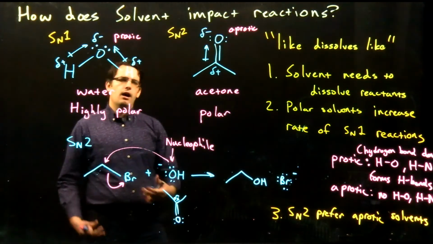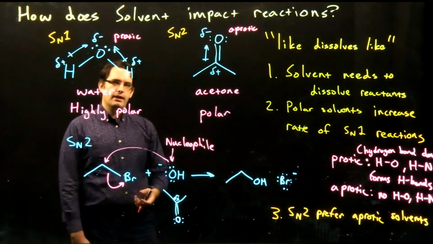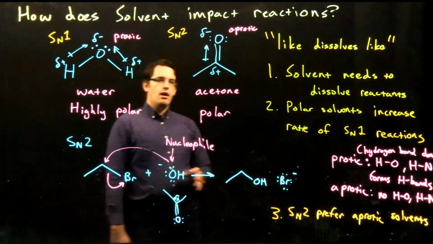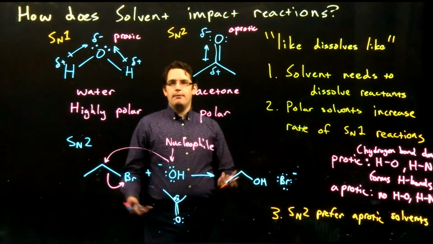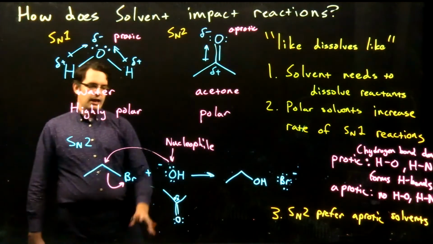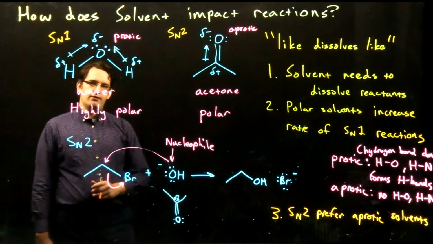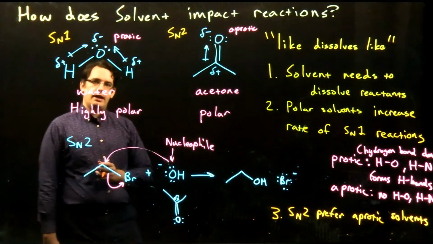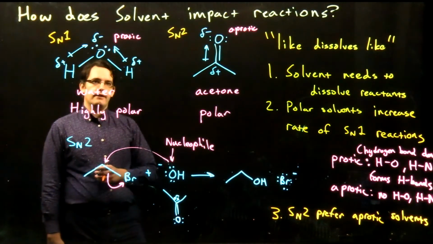We also see other polar aprotic solvents like DMSO as well. And then in general, nonpolar solvents just aren't used for these substitution reactions, again because they're going to have a really hard time dissolving our reactants, as well as of course stabilizing that carbocation intermediate that we see in our SN1 reaction.